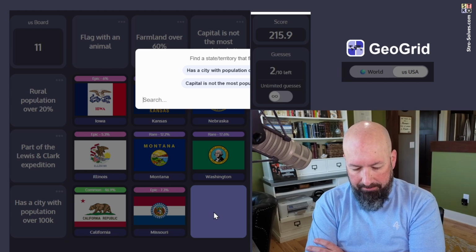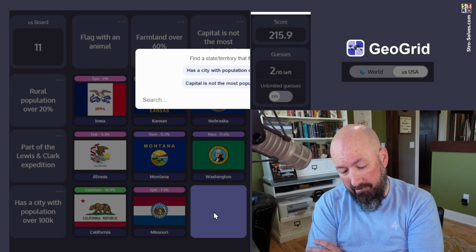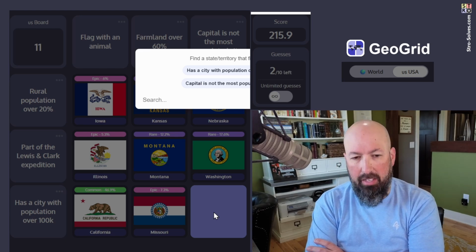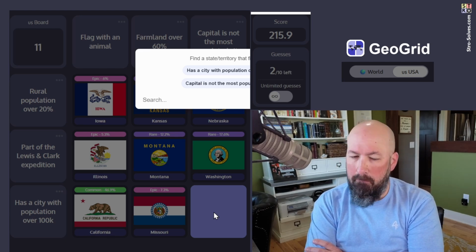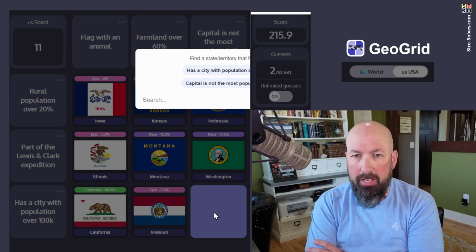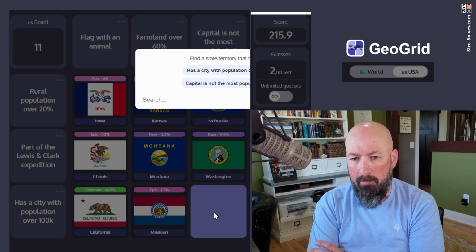We're not going Colorado, New Mexico, Arizona, Nevada? Carson City is the capital. Is Las Vegas the biggest, though? I don't know. Las Vegas is bigger, but how many people actually live in Las Vegas? That's the real question.